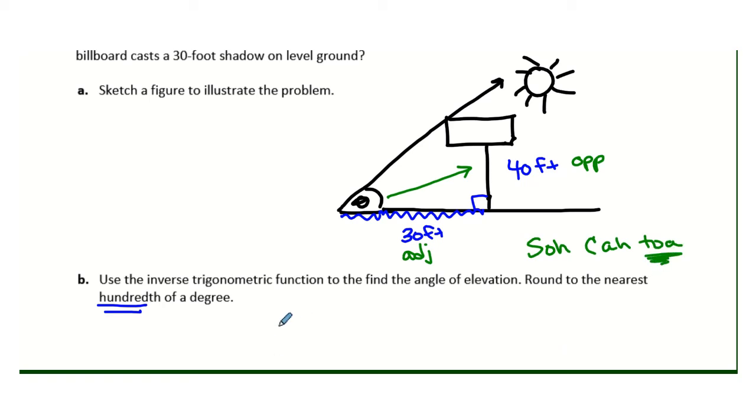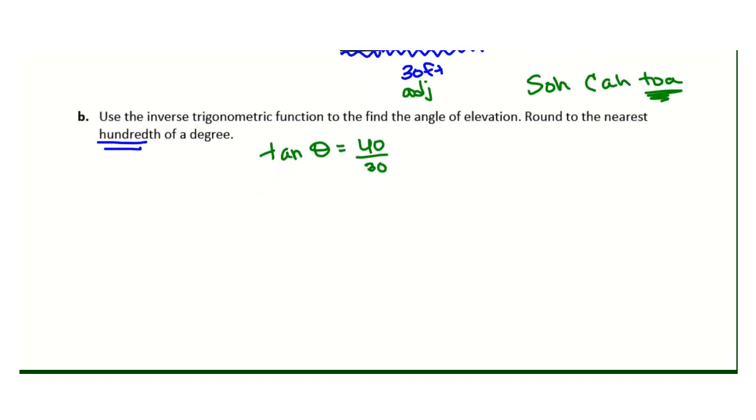So the tangent of theta is going to be the opposite over the adjacent. I want to find this angle measure, so I have to use my inverse trig ratio. So I'm going to say the inverse of tangent of 40 over 30, and that's going to give me the measure of angle theta.